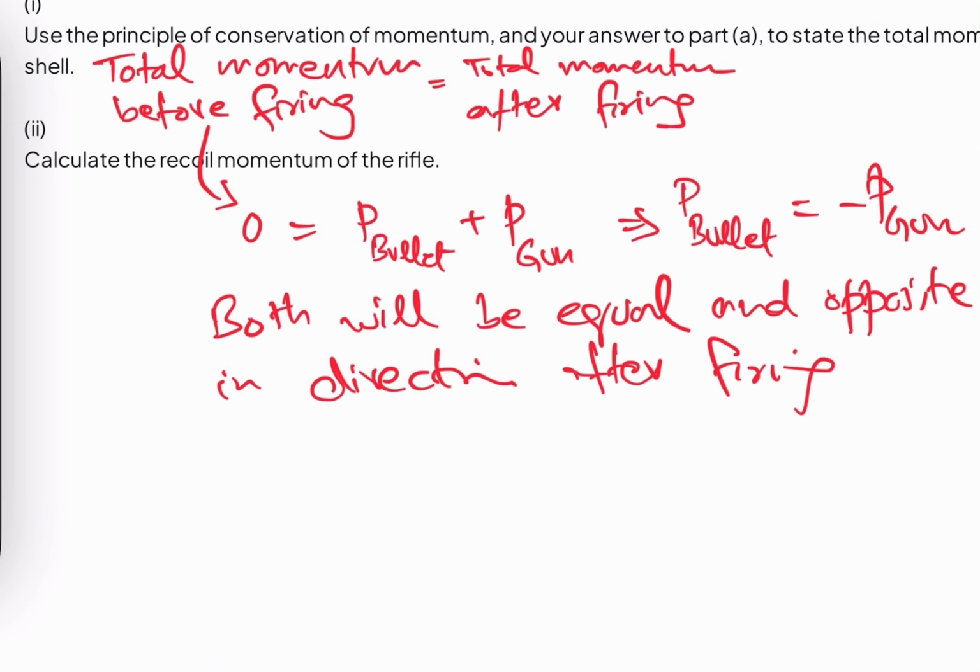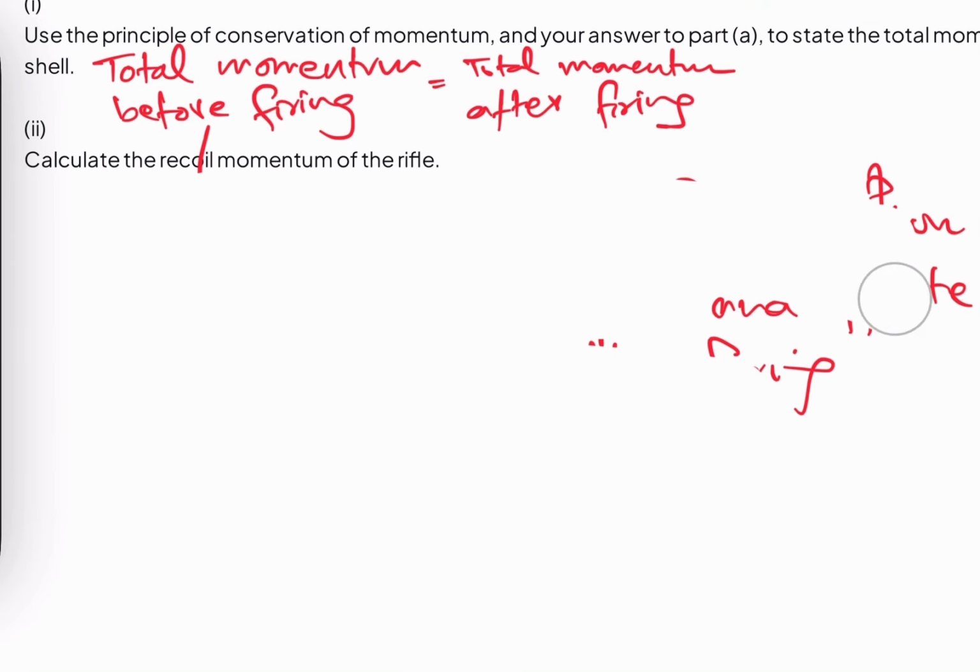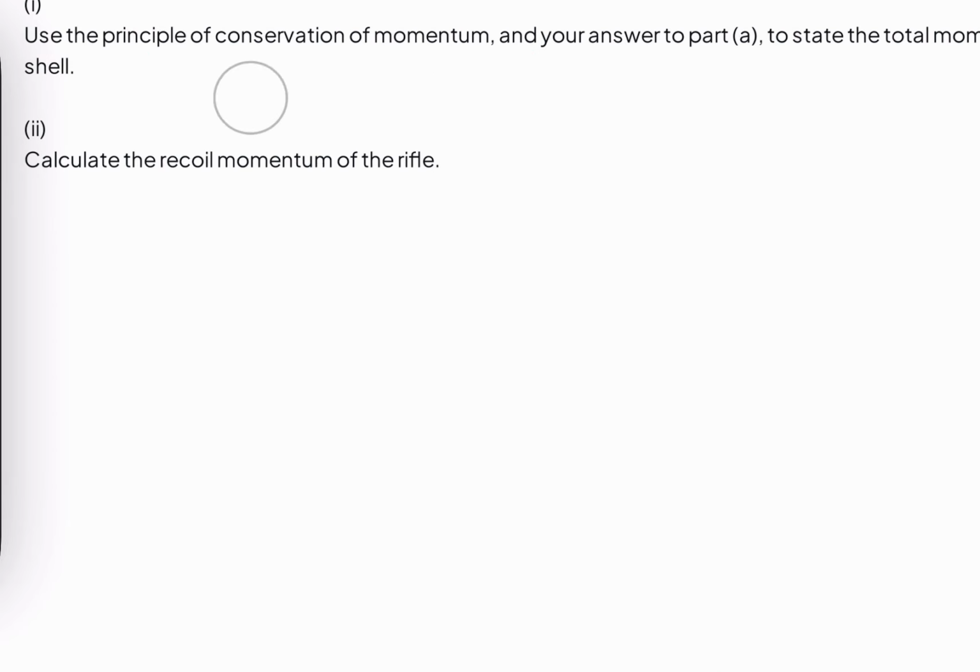so in part B we have to find total recoil. So I'm going to erase this. We have to find total recoil. So for the second part, total recoil will be same.